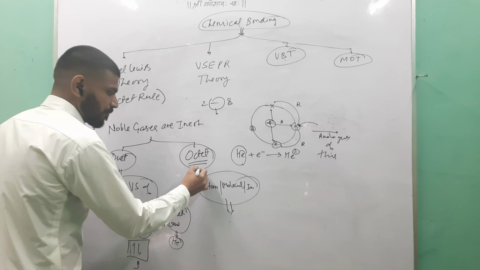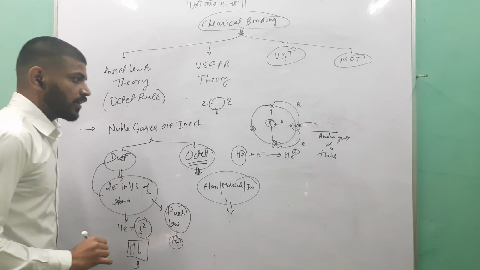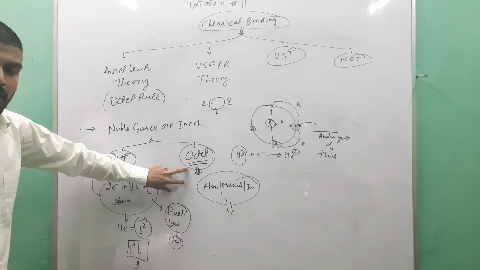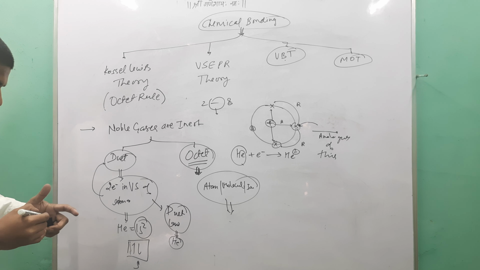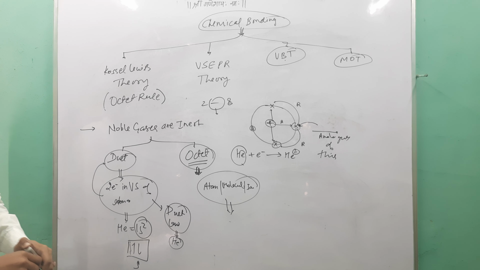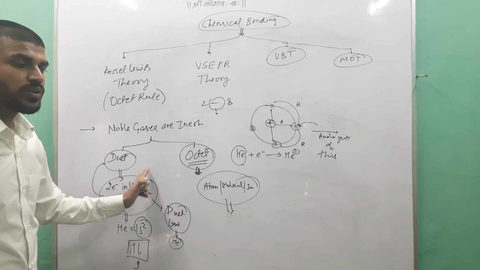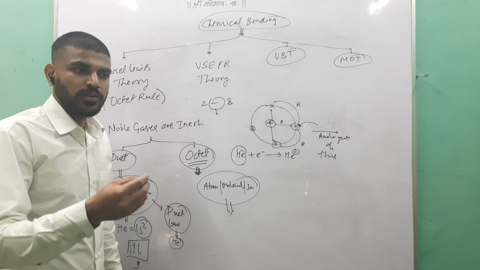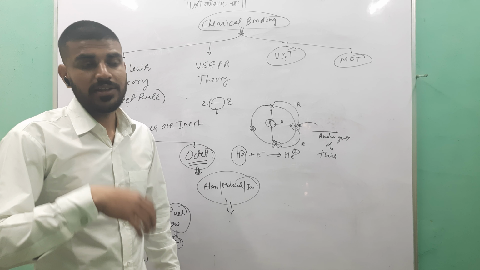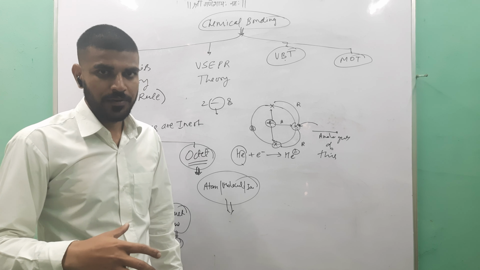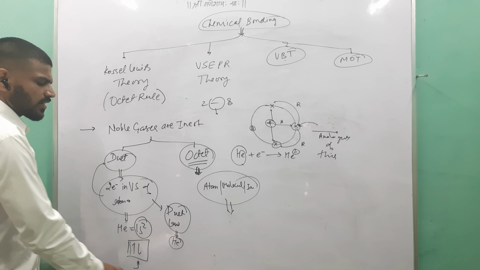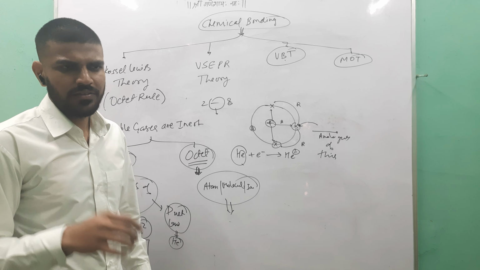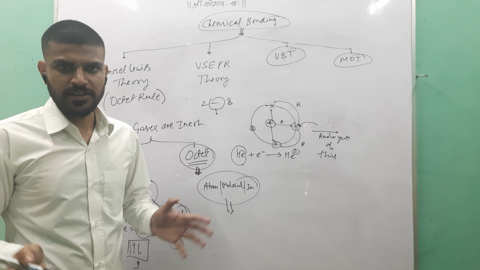Now look, after the duet and octet, our next point is what makes these two conditions possible. What are the ways to complete the octet and the duet? The duet is all about helium, which is a very rare kind of case.